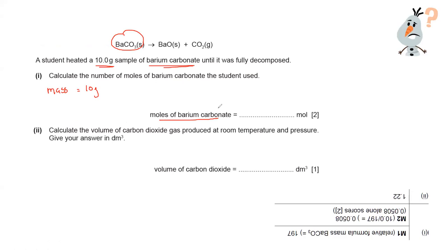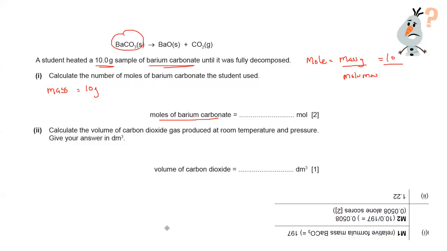So how can we get the moles from the mass? We will use the formula that moles equal mass in gram divided by molar mass. What about mass in gram? That is given, 10. And what about the molar mass? For molar mass, you have to check the periodic table.